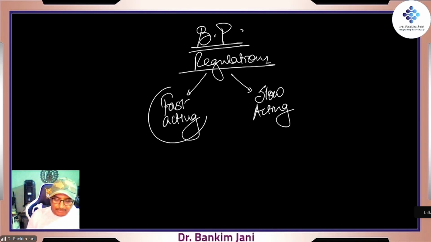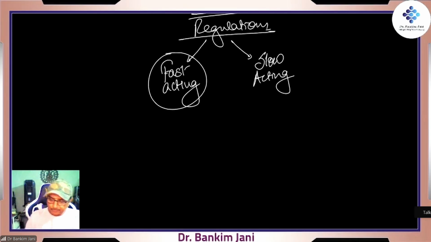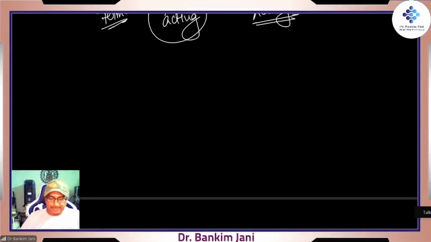So let's start with the fast acting first, something which is instant. But this thing is short term. It makes the change, and then sits silently. So here it is for fast acting. Slow acting will come later.